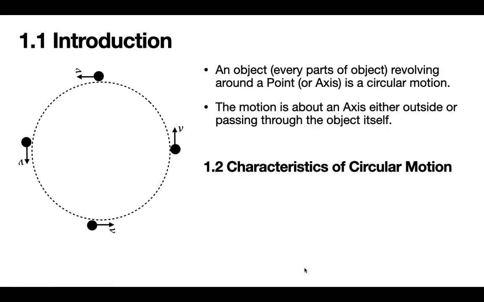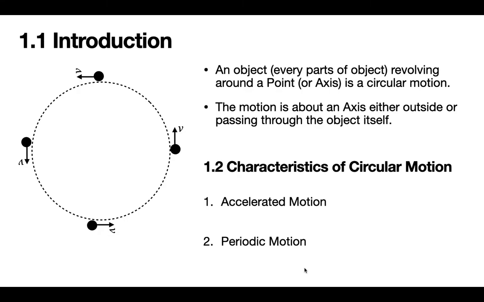There are two main characteristics of circular motion: accelerated motion and periodic motion. Even though in a uniform circular motion an object moves with a constant speed, the direction changes at every point. That is the reason even uniform circular motion is called accelerated motion.